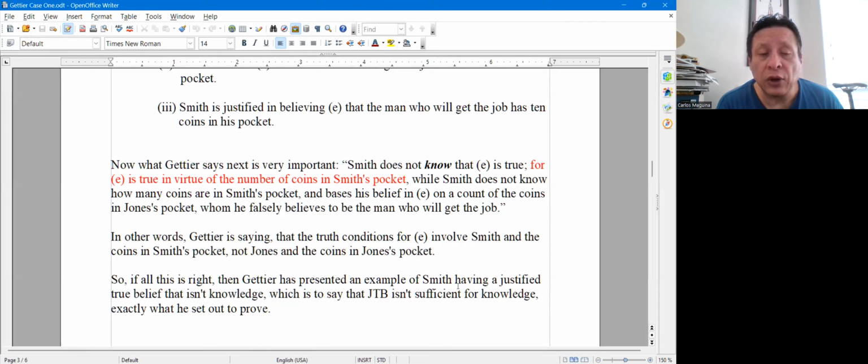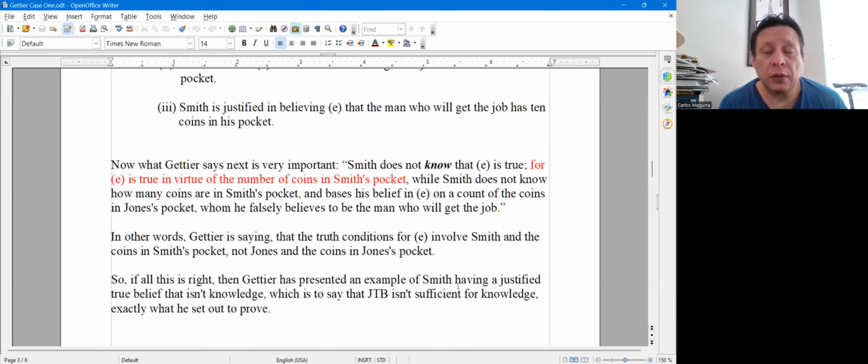While Smith does not know how many coins are in his own pocket, he didn't count his own pocket, and bases his belief in E on account of the coins in Jones's pocket, because he counted Jones's pocket on his way to arriving at the belief that the man who will get the job has 10 coins in his pocket, and whom he falsely believes to be the man who will get the job. Right. Okay, so that's right.